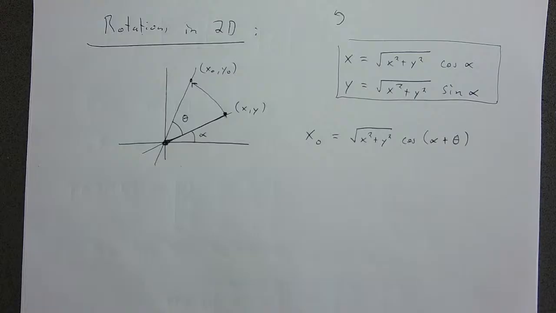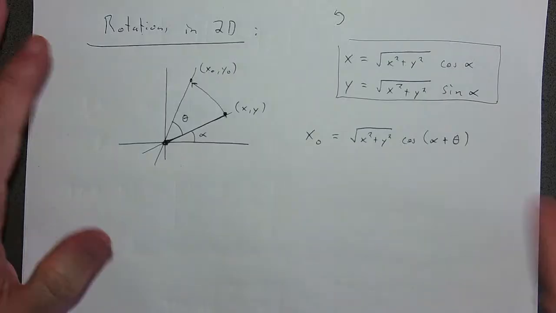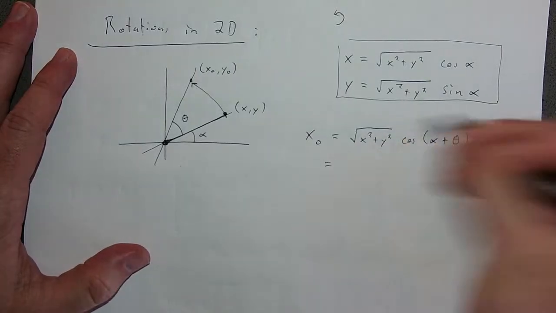Well, I have a sum of angles inside the argument for cosine, so I wonder what algebraic fact from trigonometry I'm going to use to deal with this. Well, I have the cosine angle sum and difference formulas. Maybe you don't remember them off the top of your head. That's okay.